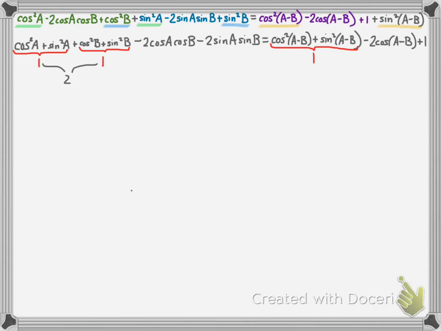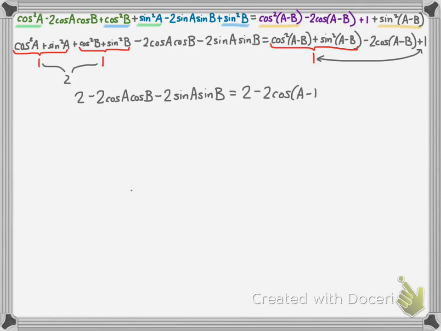So we now have on the left side 2 minus 2 cosine of A cosine B minus 2 sine A sine B. And on the right side, we've got a 1 and we have another 1, so those add together to give us 2, and then minus 2 cosine of A minus B. All right, awesome sauce. This equation is getting smaller. And remember, our overarching goal is to solve for cosine of A minus B.